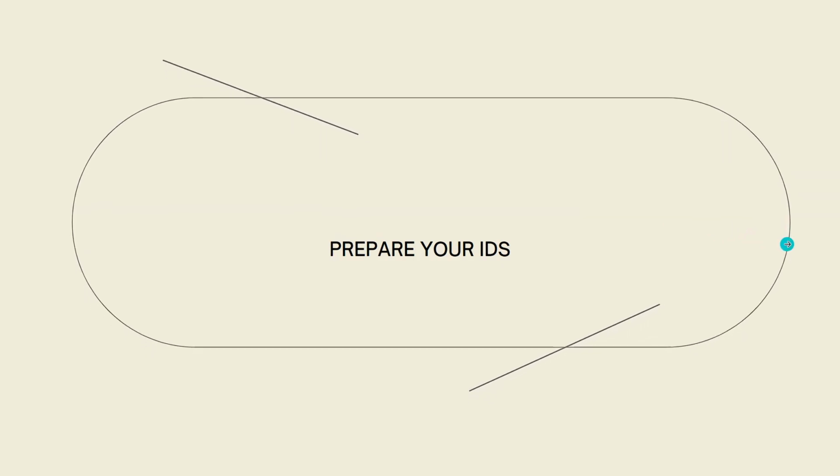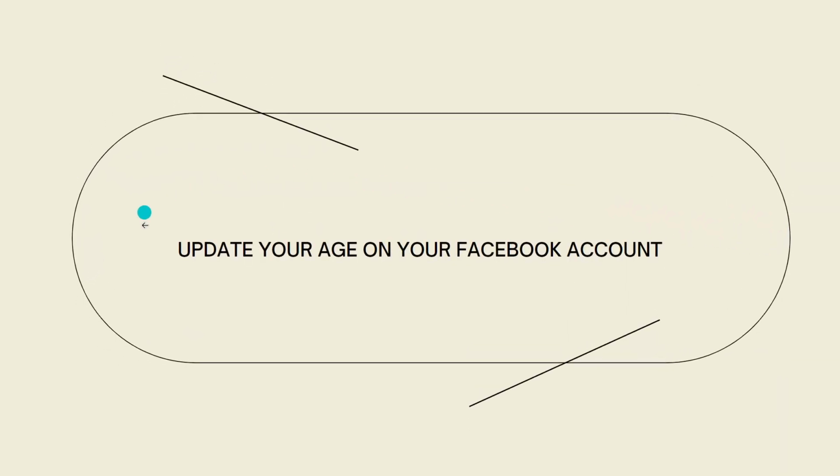The second one is to update your age on your Facebook account. This method only applies when you created your Tinder account using your Facebook. What you need to do is go ahead and open your Facebook account and update your age.